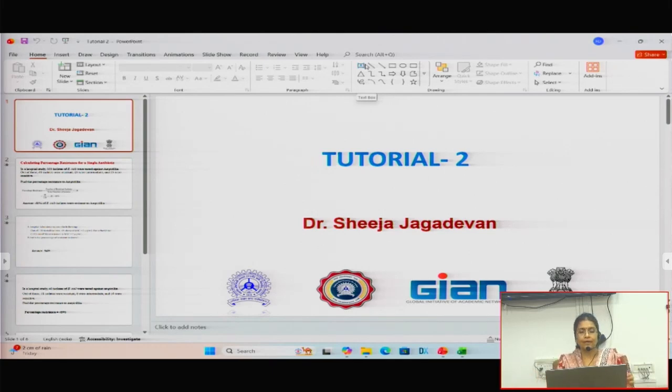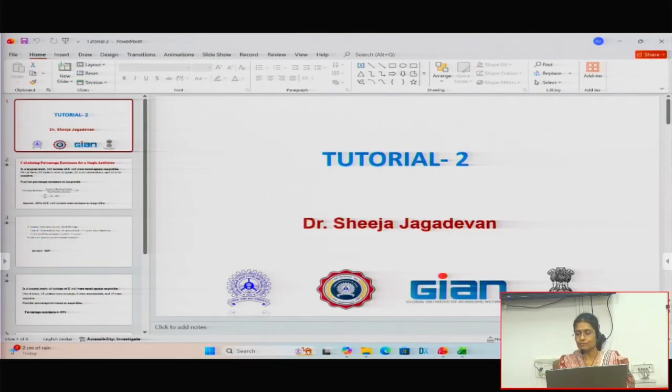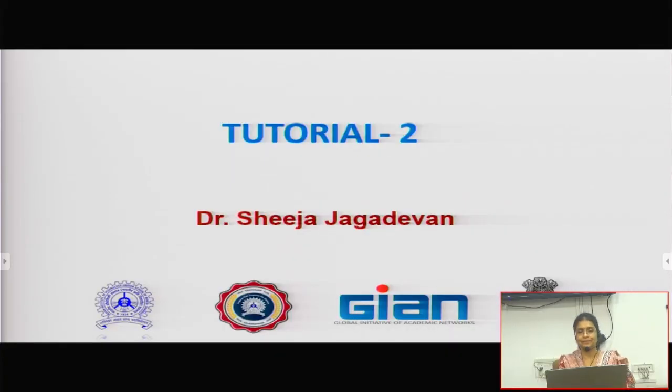Now, yesterday's class, when we were having this tutorial one, do you remember what we were doing yesterday? Calculation of MIC and the ZOI, zone of inhibition data.